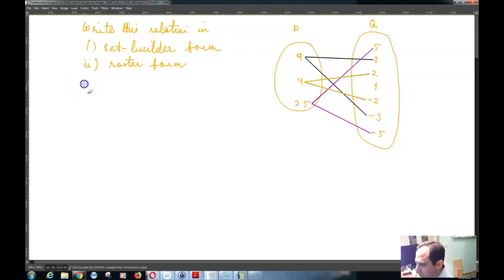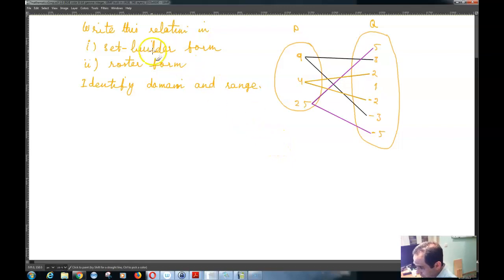And also you want to identify the domain and range of the relation.